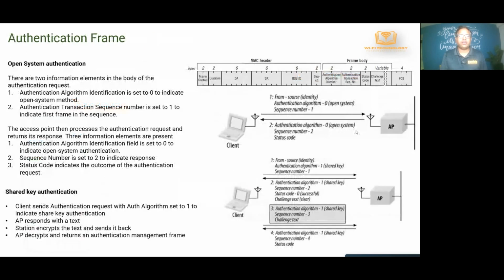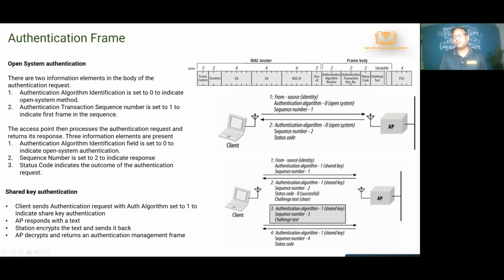If you look at the authentication frame, again, the MAC address is the same. The body will change. And in authentication, you have certain fields, like the authentication algorithm number that represents the type of authentication we're using. So normally we have open system authentication and shared key authentication. If you're using open system authentication, then your algorithm number is set to 0. And if you're using shared key authentication, then your algorithm number is set to 1.